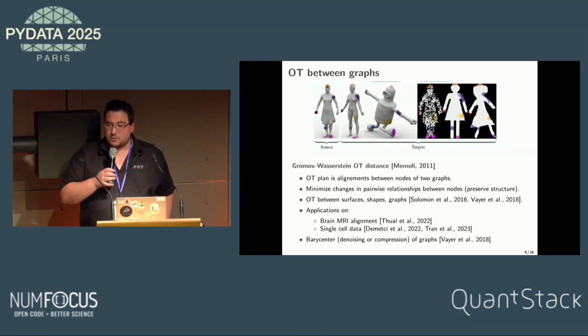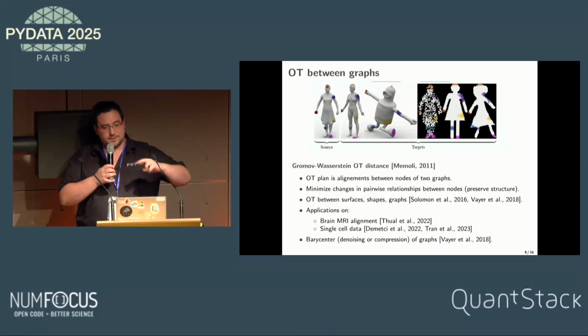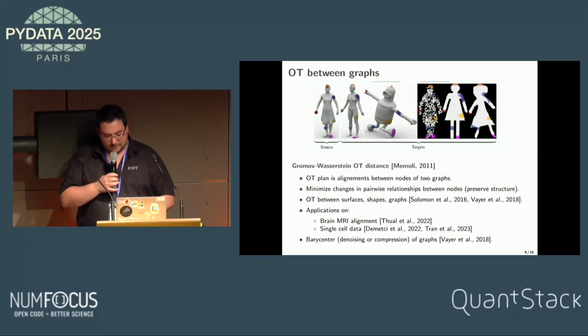And one last application that I find personally fascinating is OT between graphs. That's something quite recent. We've seen that you can represent a graph as a distribution. It's a very good representation because the distribution is invariant to permutation of the points, which means that when you represent a graph as a distribution, you're invariant to permutation of the nodes, which is a very natural way to look at graphs. And so if you want to do OT on graphs, you need to move points, okay, the nodes, in fact, of your graph.